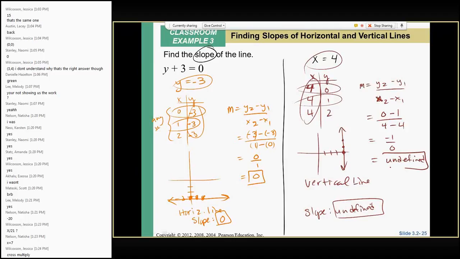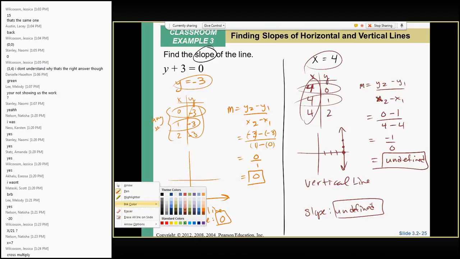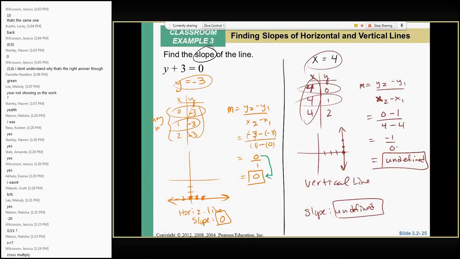So if your denominator is 0, it's undefined. No, Melody. So your slope is either 0 or your slope is undefined. They're completely different. Do you see the difference? If the numerator is 0, then the overall thing is 0. If the denominator is 0, then your answer would be undefined. Did you see the difference on that?